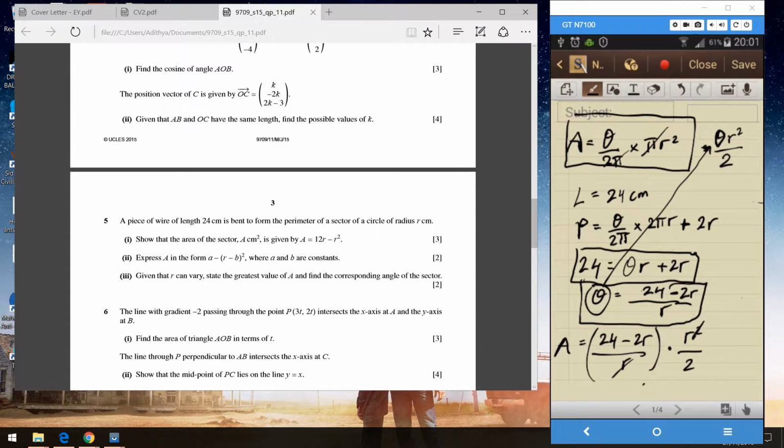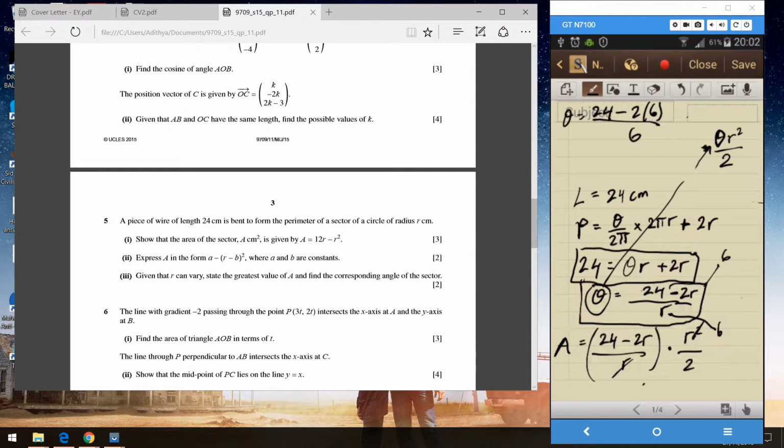We plug 6 into this, so theta is equal to 24 minus 2 times 6, divided by 6.